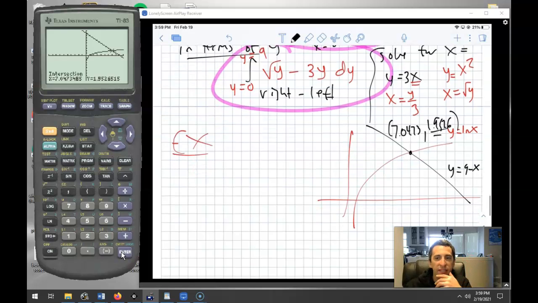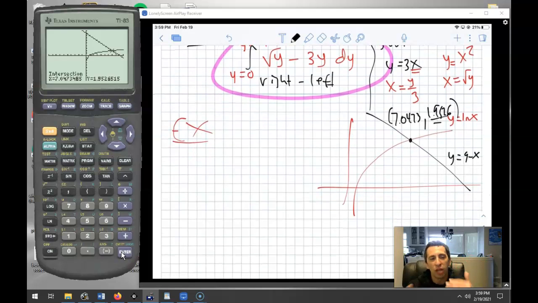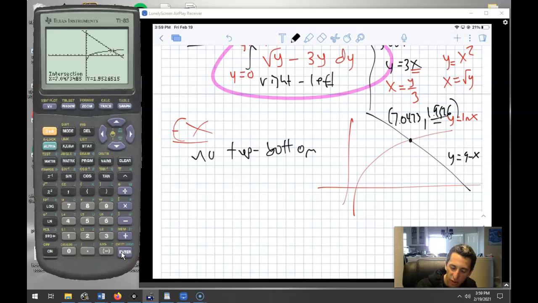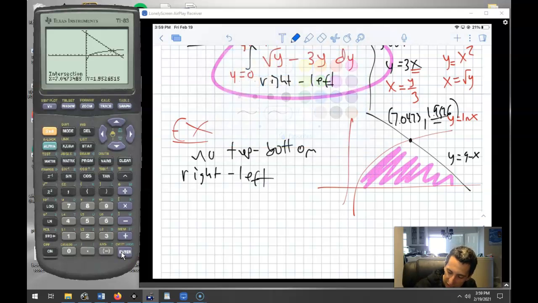Because when we looked at this in the last video, we talked about how there's no top minus bottom. But do you guys agree that in this video, we actually do have a right minus a left function? Like if I'm trying to find this area in here, I have a right function and a left function as I go across, right? You can see that if you turn your head 90 degrees, there is a function on top.